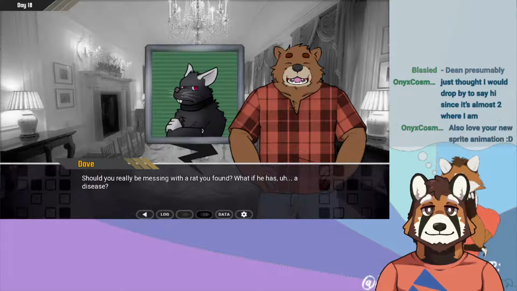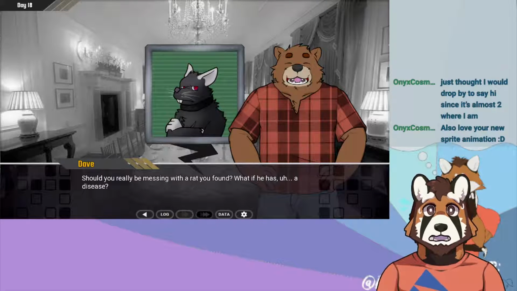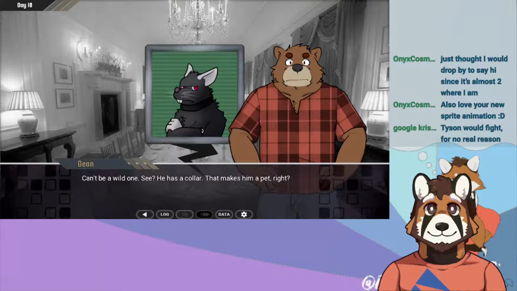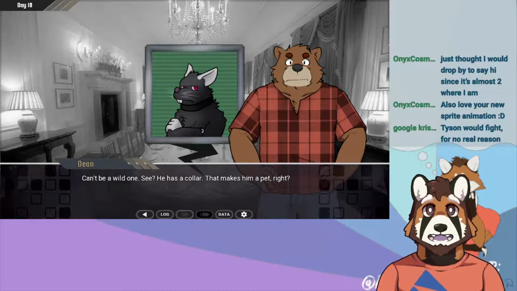Should you really be messing with a rat you found? What if he has a disease? Can't be a wild one. See? He has a collar. That makes him a pet, right? I mean, see?